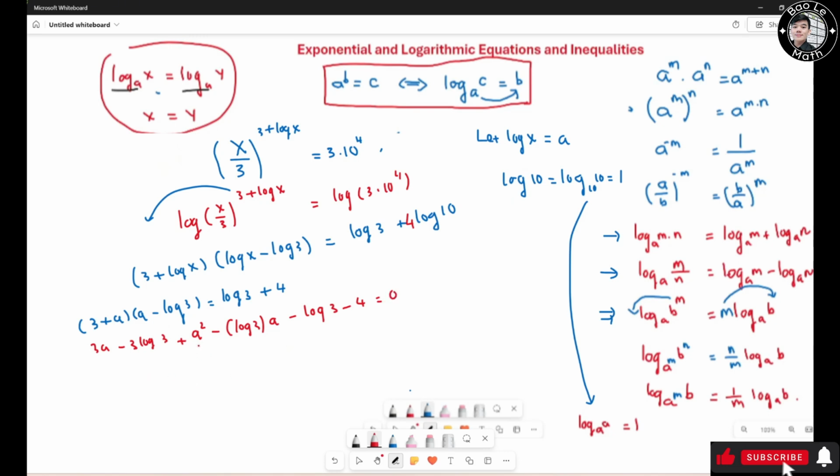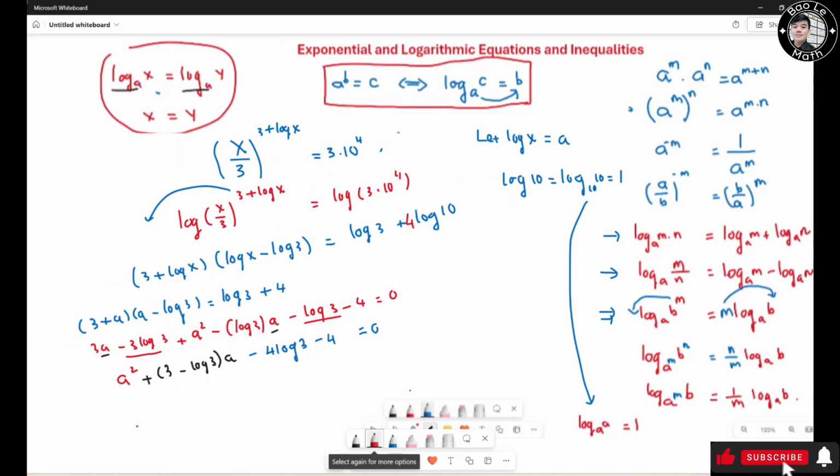Now I need to rearrange this into the quadratic equation. So it could be a squared plus (3 minus log 3) times a, factoring a out, right? And then this and this, I combine these two, so it's going to be negative 4 log 3, and then minus 4 equals 0. Now this turns out to be a quadratic equation.